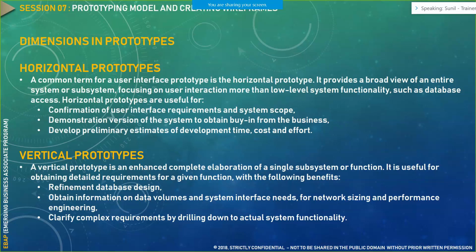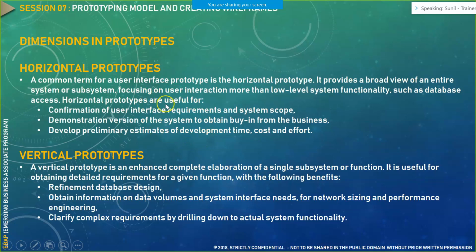Horizontal prototypes are useful for confirmation of user interface requirements and system scope. Your demonstration version of the system is used to obtain buy-in from the business and develop preliminary estimates on development time, cost, and effort. So when we are working on a particular business requirement document, we essentially create horizontal prototypes.